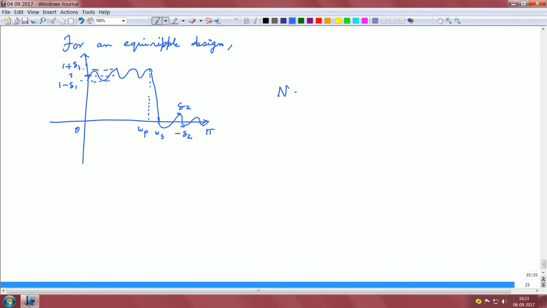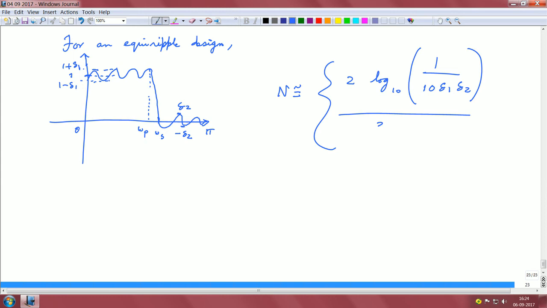So, he came up with this formula, which is basically an empirical result. N is 2 log to base 10 of 1 upon 10 delta 1 delta 2, divided by 3 times delta f.